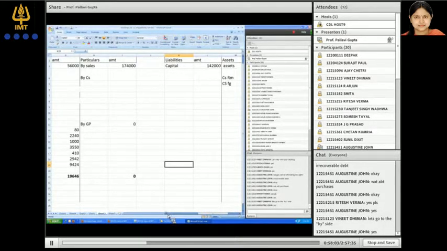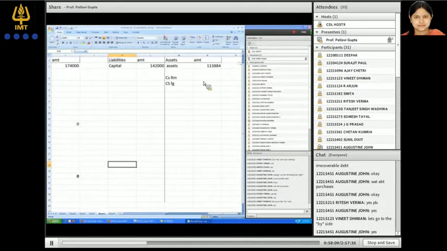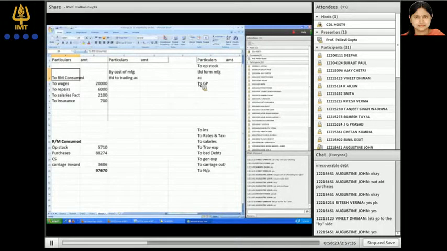Closing stock debit means it will be taken as the closing stock of current asset which would be carried forward. So closing stock of raw material 5272 will come here and the second aspect will go to the credit side. It is the raw material, so it will go to the manufacturing account in deduction.